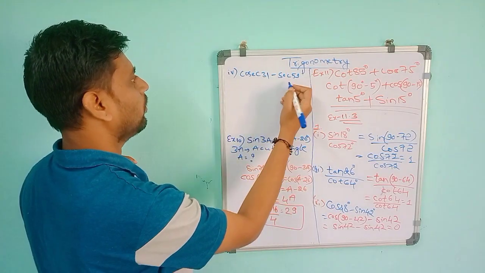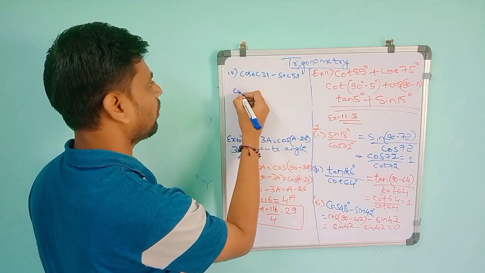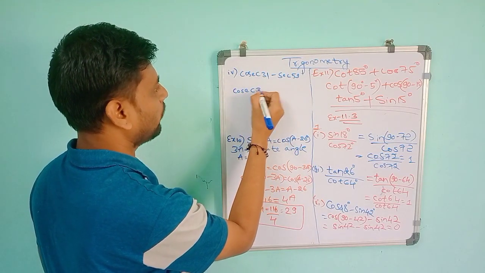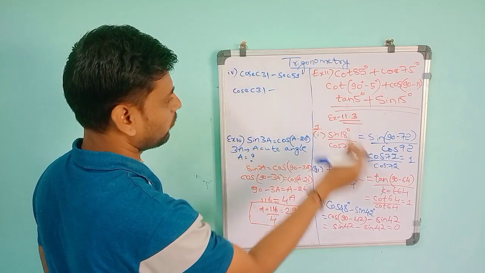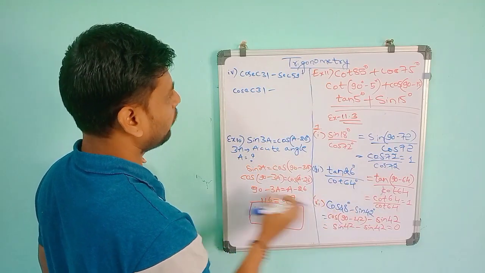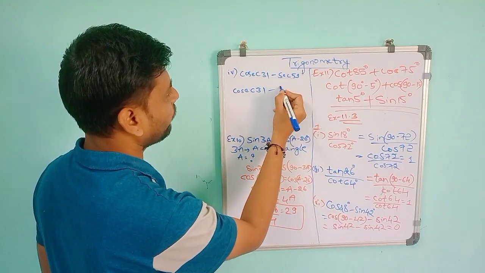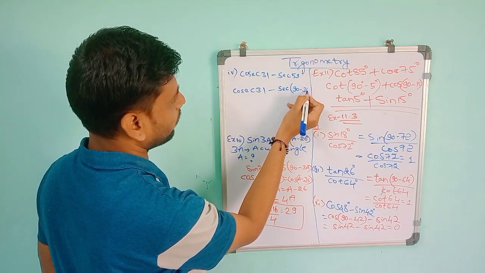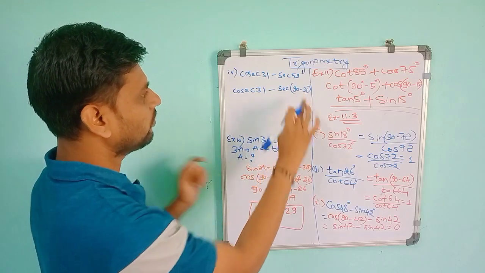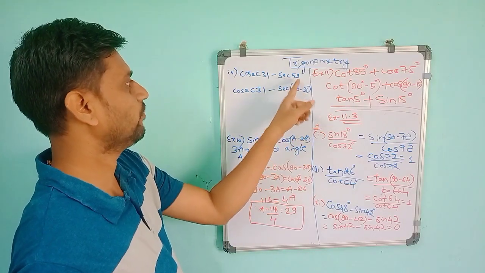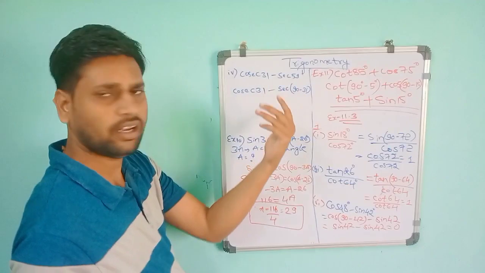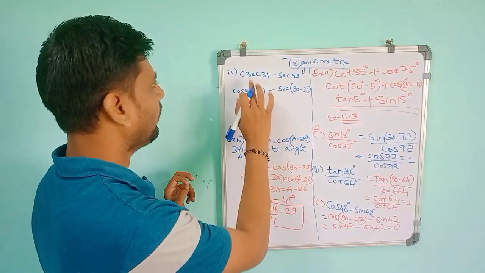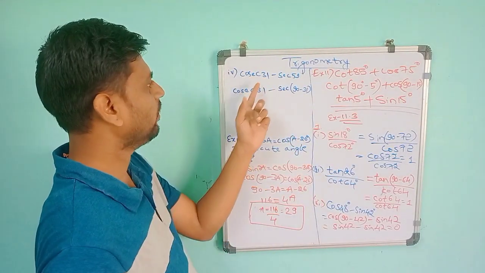If we convert this one, cosec 31 I will keep as it is. I will change the second one, because I changed the first one in the earlier problems. So sec 59 we can write as sec of 90 minus 31. So sec of 90 minus 31 is 59. Both are the same.